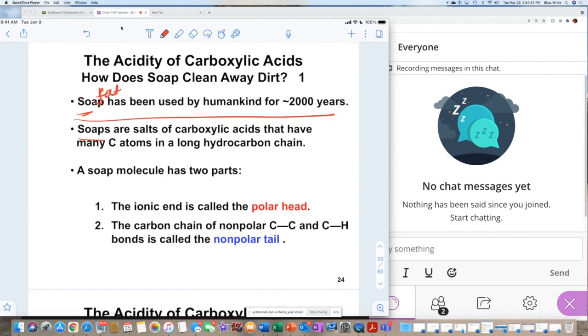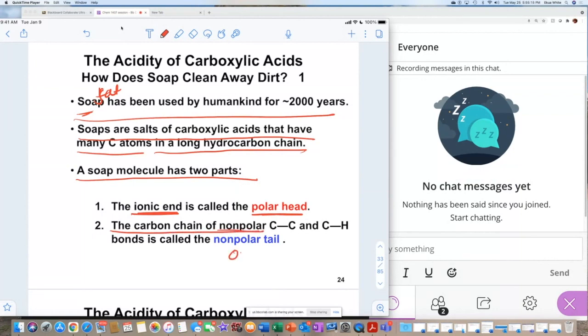Okay. So soaps are salts of carboxylic acids that have so many carbons in a long hydrocarbon chain. And remember, when you have a hydrocarbon chain, that is a fat-like property. So the soap has two parts because soap is designed for a purpose, right? To cleanse, to clean you. It has the ionic end, called the polar end, and it has the long carbon chain, which is nonpolar.